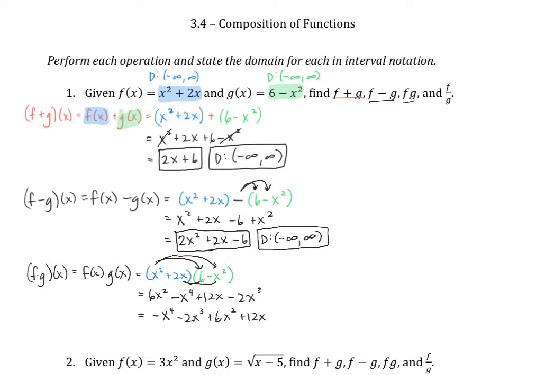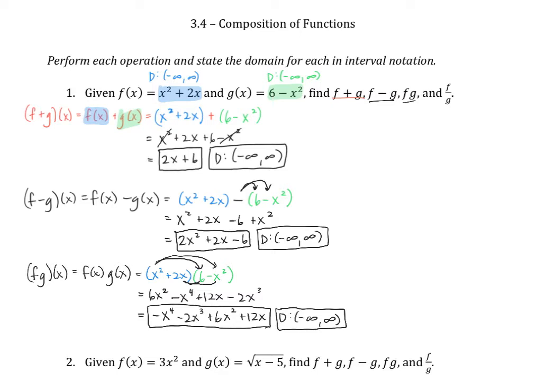So see that descending order means going down according to the exponent on the variable. There are no like terms here, so this would be the product of f and g of x. Here, again, there are no fractions, there are no square roots, so there are no restrictions on the domain, so the domain is negative infinity to infinity.